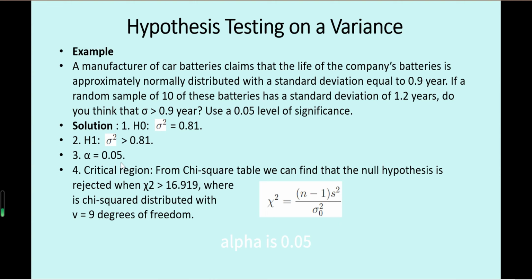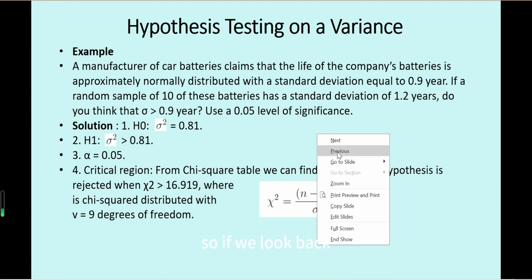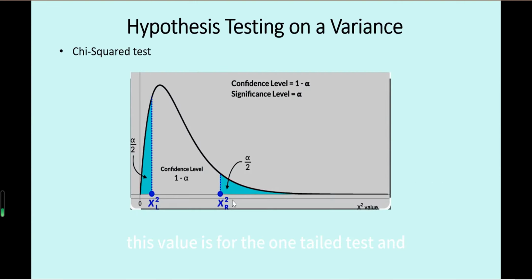Alpha is 0.05. From the chi-square table, we can find that the null hypothesis is rejected when chi-square is larger than 16.919. If we look back, this value is for the one-tailed test, and there is no blue area here. All the area is white.